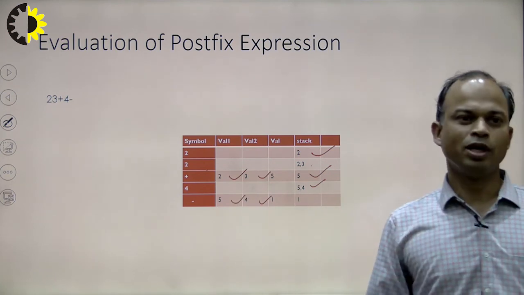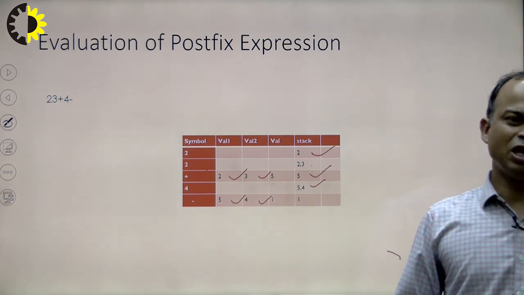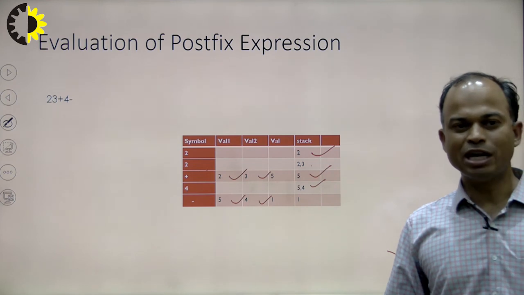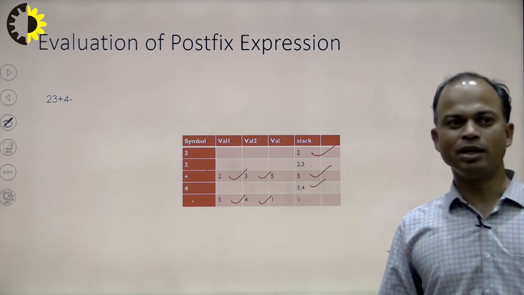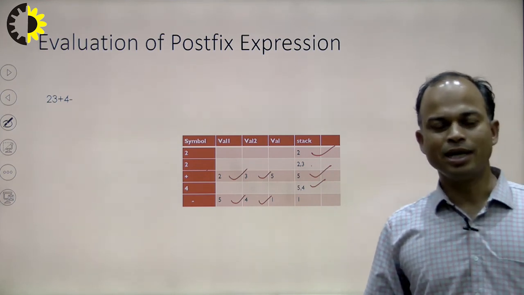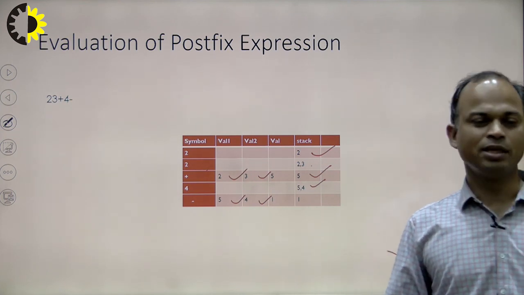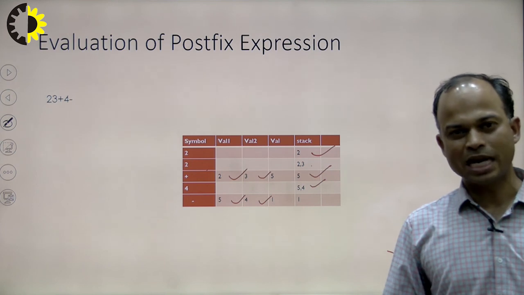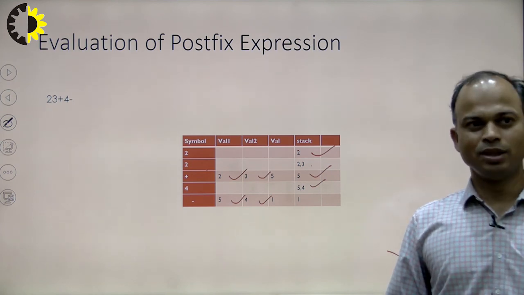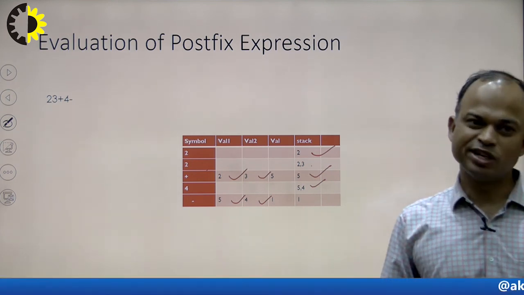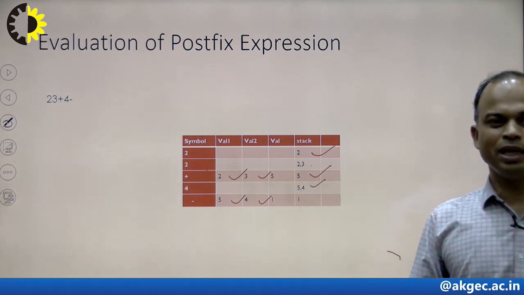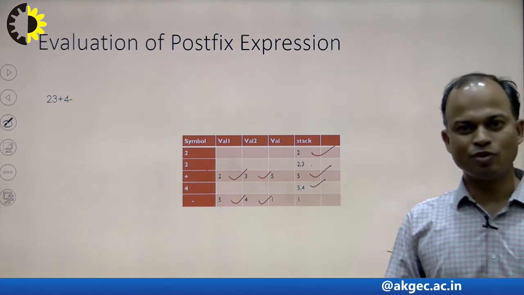We apply minus on value 1 and value 2. Our value becomes 1, and this 1 is pushed onto the stack. Now, the stack has 1. Our string has finished, so whatever is the last value of the stack is the evaluation of the postfix expression. In this way, we can evaluate the postfix expression.